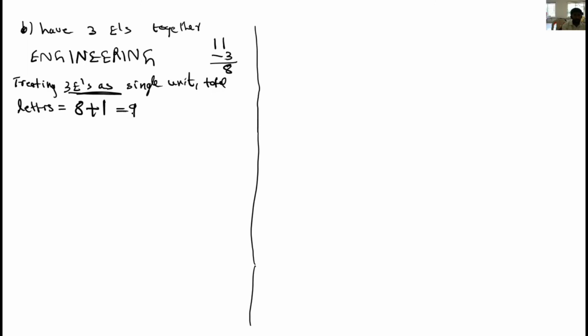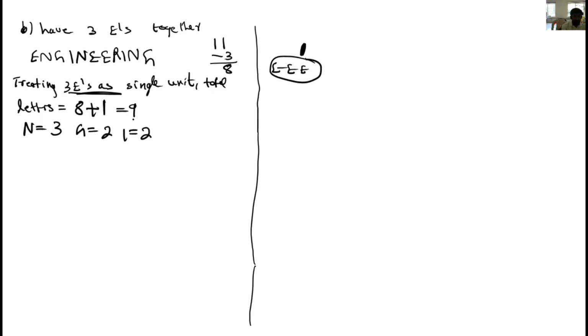Once again check, in this 9 letters how many times N repeats? N repeats 3 times, G repeats 2 times, and I repeats 2 times, right? 3 times N is there, 2 times G is there, and 2 times I is there. But see, there is no repetition of E, right? Why? Because you are treating 3 E's as one unit. That time, it's a single letter, so there is no repetition.